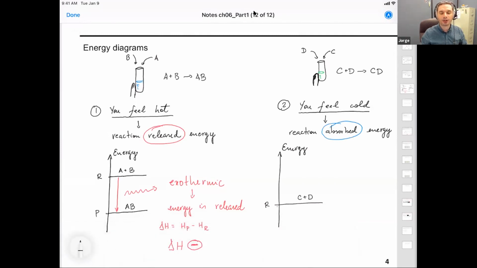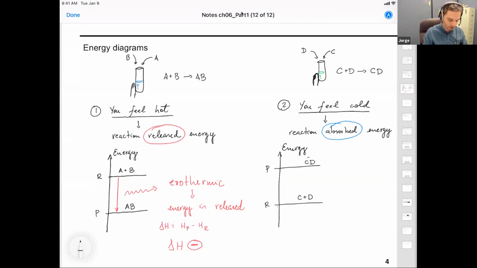If energy was absorbed by the reaction, that means the energy of the products has to be higher than the energy of the reagents. And I'm going to represent that by the horizontal line, P meaning products, and writing here CD because that's the only product.